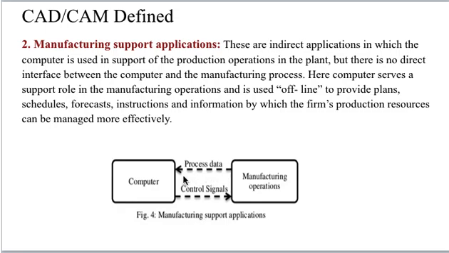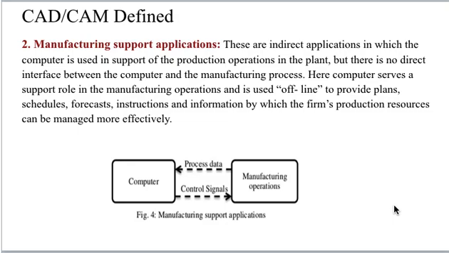Dashed lines are used to indicate that the communication and control link is an offline connection, with human beings often required to consummate the interface.